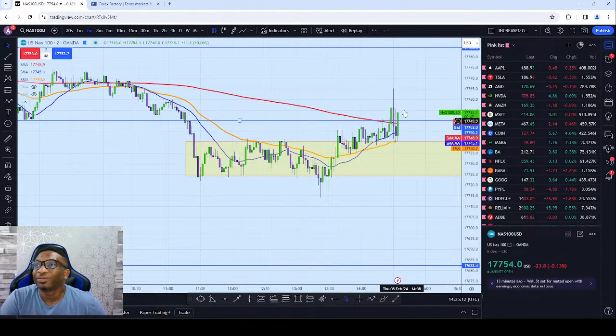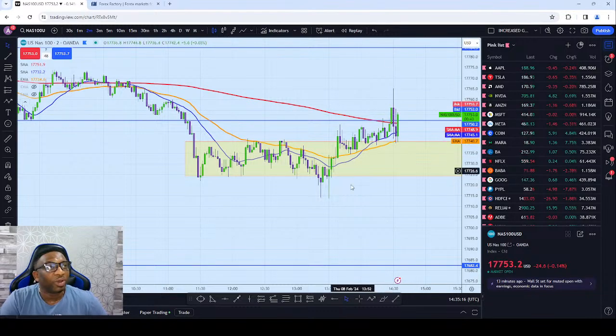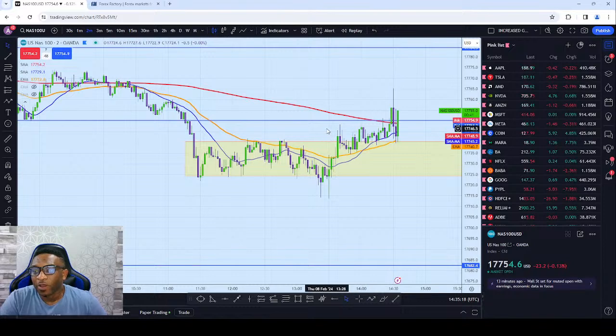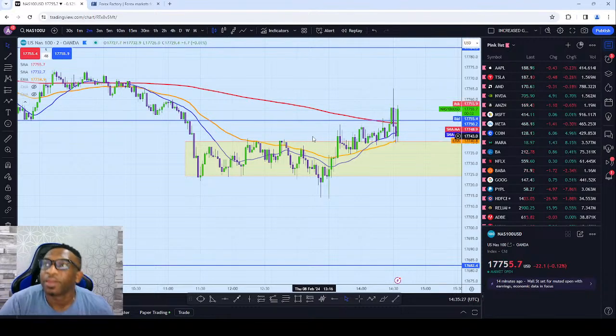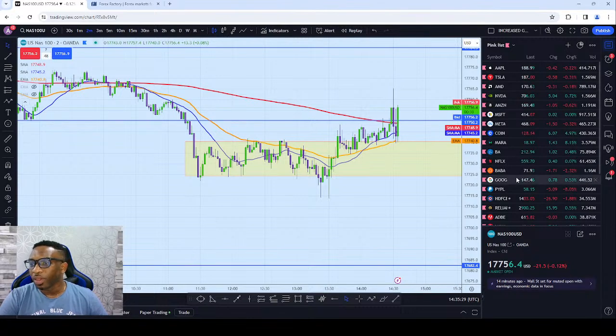But normally I try to stay away from this kind of high volatility, price moving up and down, until it settles in the next 20 or 30 minutes.